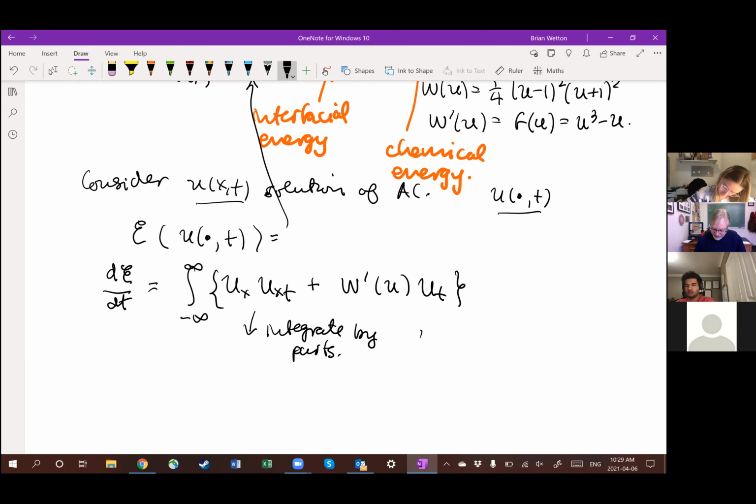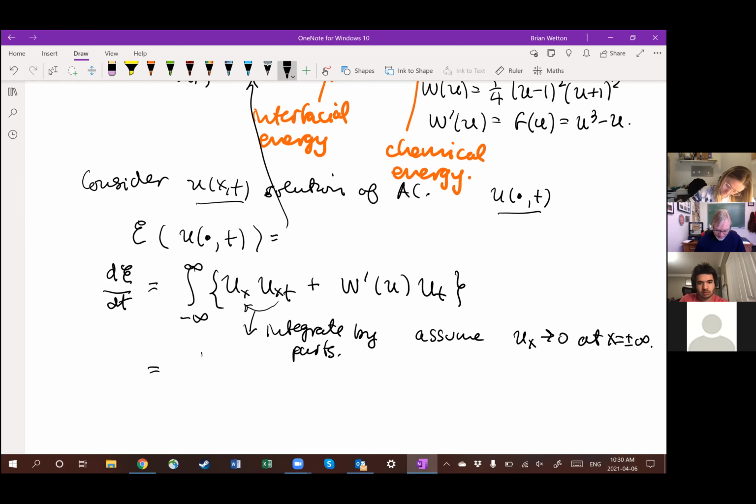And I'm going to assume that u_x goes to 0 at x equals plus or minus infinity. And if this was a bounded domain, then I would have these boundary conditions on the boundaries. Okay, so that means I can take the x derivative and move it over there, and change the sign, right?